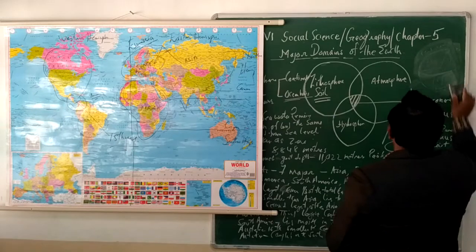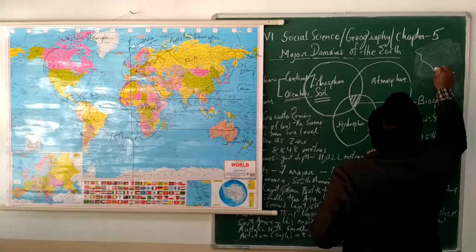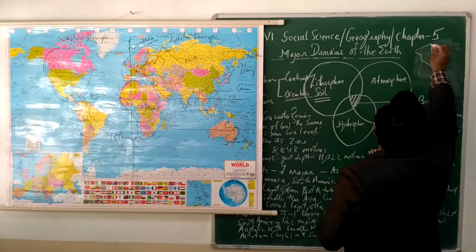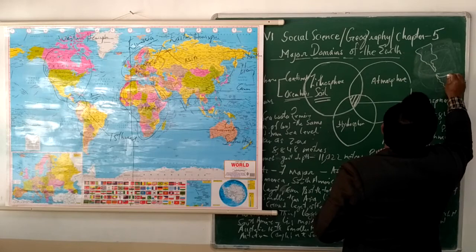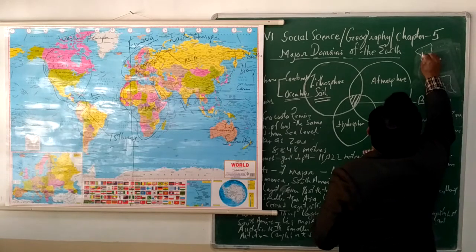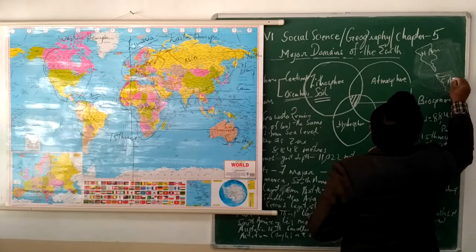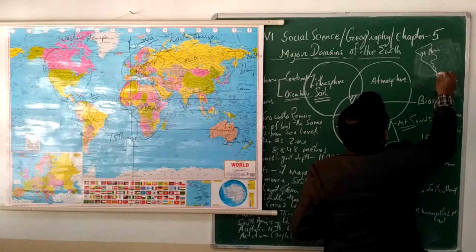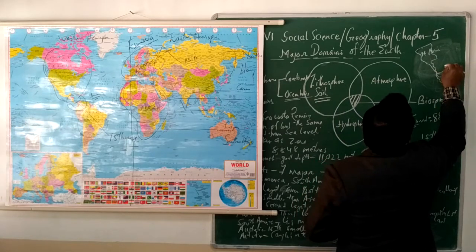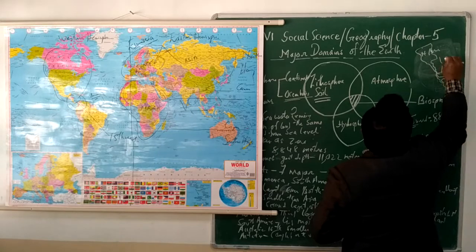If you watch carefully, let us say this is North America and this is South America. Now they are linked over here by a narrow strip of land. You can say this is your isthmus.